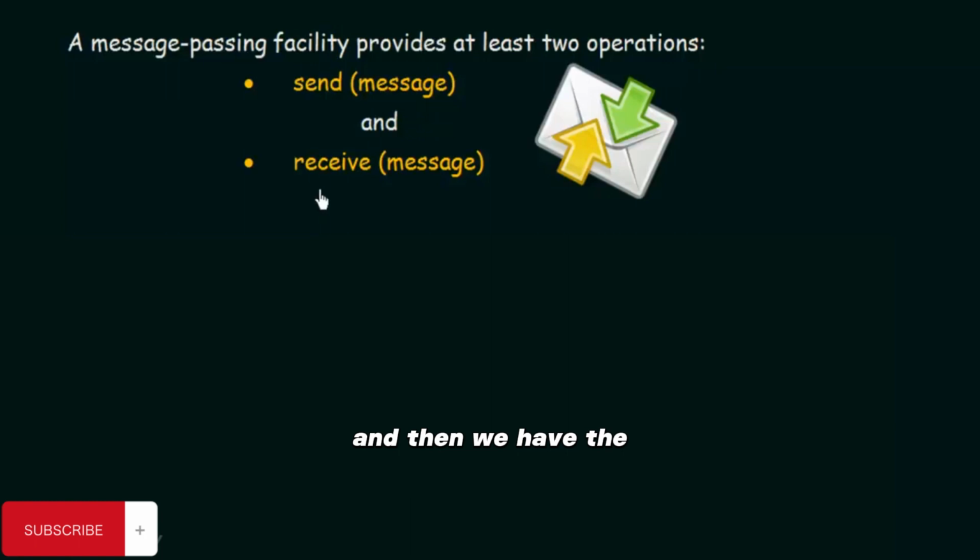And then we have the receive message operation, which allows the process that is the recipient of the message to receive the message from the other process that is sending it. So these are the two operations that we have in a message passing facility.